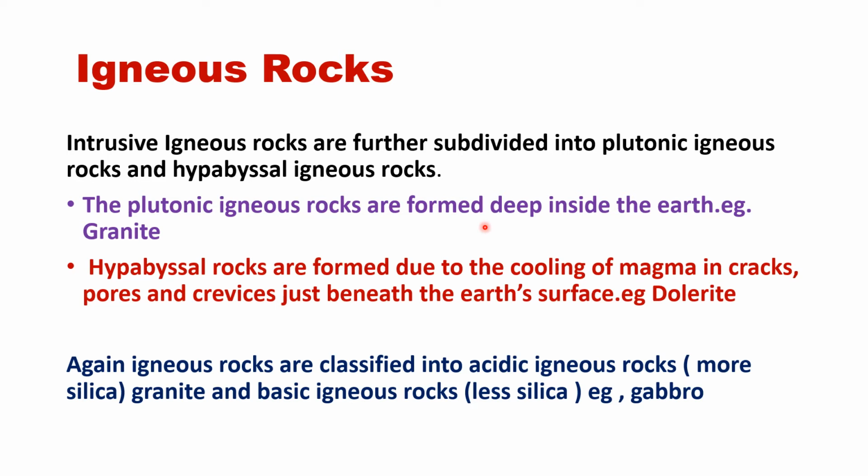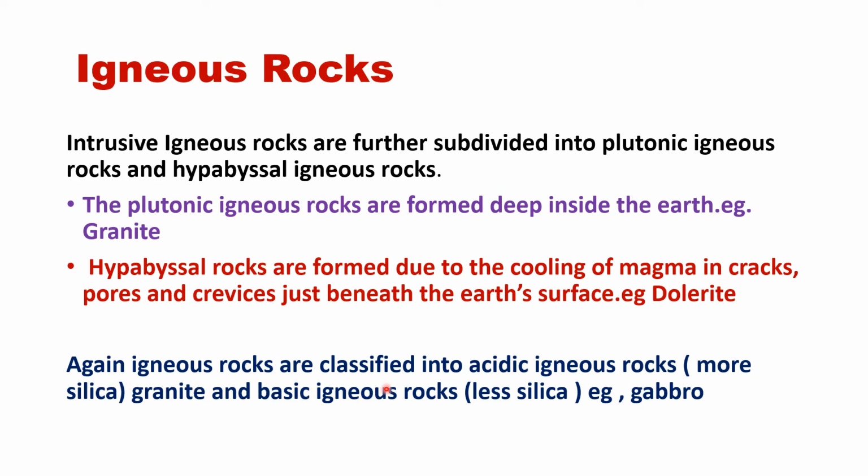Plutonic igneous rocks are formed deep inside the earth. An example is granite. We all use granite for buildings. Hypabyssal rocks are formed due to the cooling of magma in cracks, pores and crevices. Crevices are holes just beneath the earth's surface. Example is dolerite.